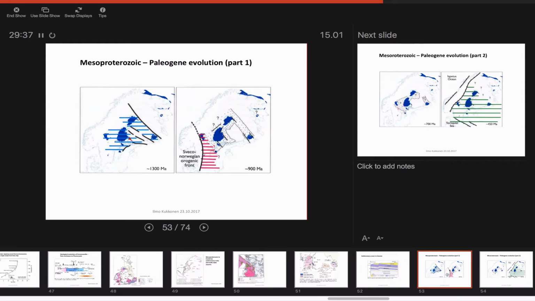The problem of last year's winter and the younger geological evolution in central Fennoscandia are somewhat similar problems, and there are models and estimations of what may have been there.